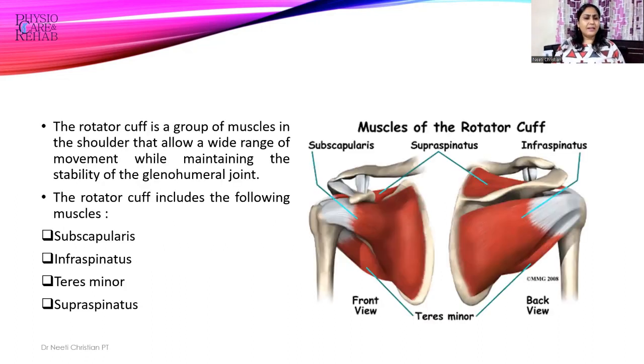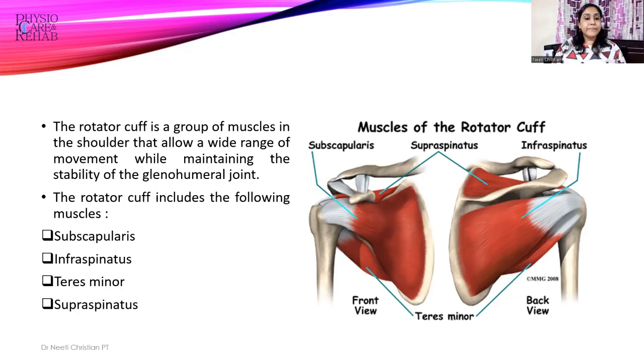Let's see the basic anatomy. The rotator cuff is a group of muscles in the shoulder which allows a wide range of movement while maintaining the stability of the glenohumeral joint. It includes subscapularis, infraspinatus, teres minor, and supraspinatus.